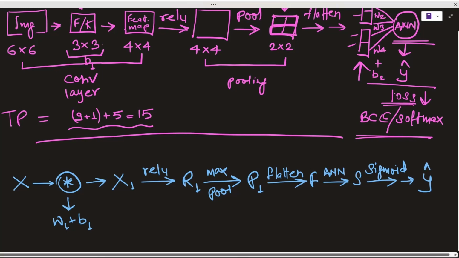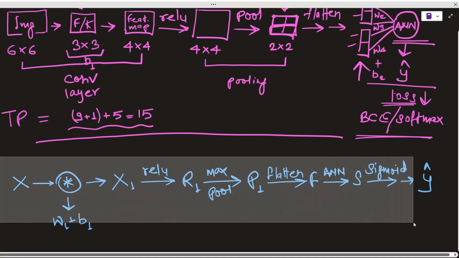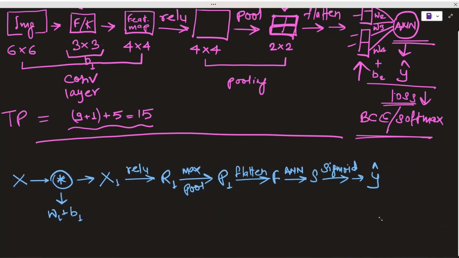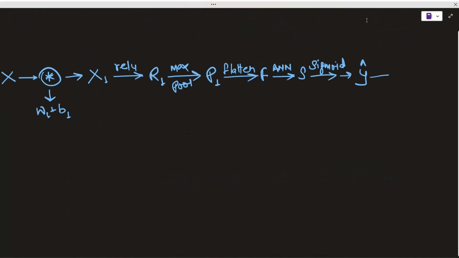So let's do one thing first. Let's shrink the size of this simple architecture a bit so that it can fit well on the screen. Alright, so now this output value Y hat can be used in order to calculate the loss to check how well we are doing the prediction. Now the way we have the trainable parameters over here, we also have the trainable parameters over here as well.